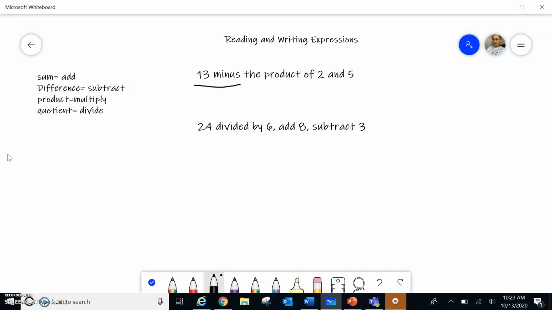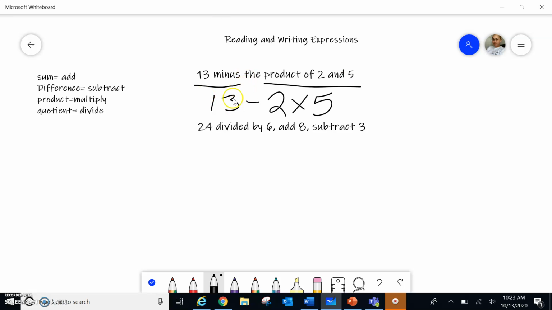We know minus means to subtract, so the first part of my expression is going to be 13 minus, and then it says the product of 2 and 5. Again, if I go back to my keywords over here, product means to multiply, which means I'm going to multiply 2 and 5. So 13 minus 2 times 5.